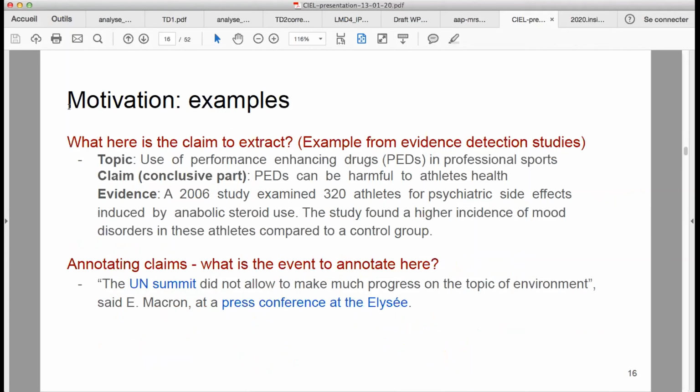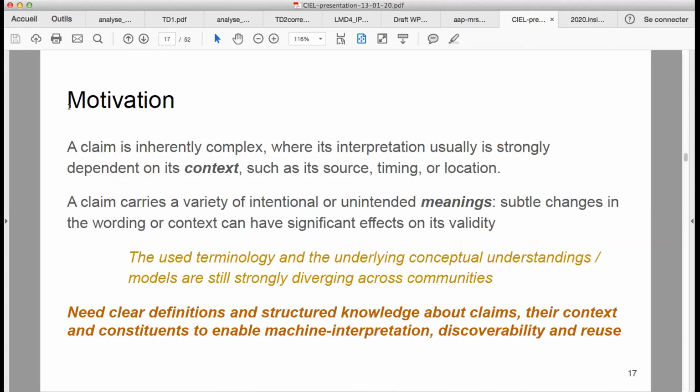So these examples motivate the need and the complexity of the task of modeling claims as part of online discourse. Beyond this complexity, there is a variety of intentional or unintended meanings that a claim carries. Often a subtle change in the wording, or in the way we phrase a particular claim, or a subtle change in context, can have a significant effect on the validity of the claim.